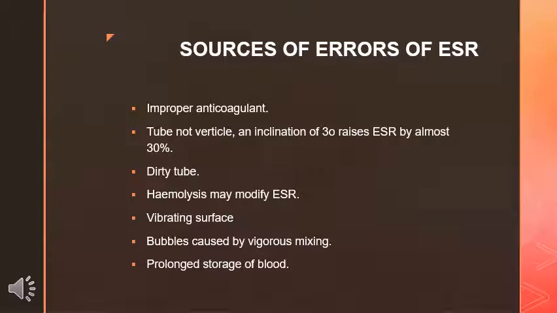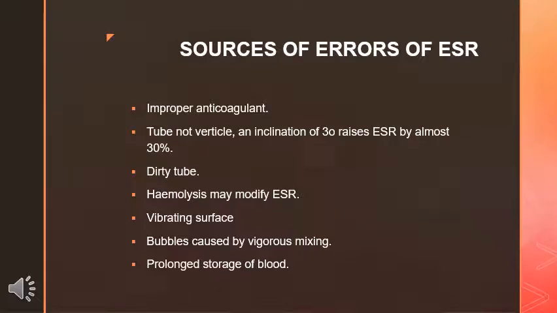For example, even a minor change in vertical position, like a 3 degree change in the position of the tube, can increase ESR up to 30%. Then a dirty tube can also interfere with the values. Hemolysis can modify ESR.